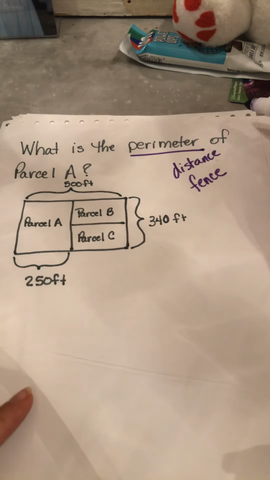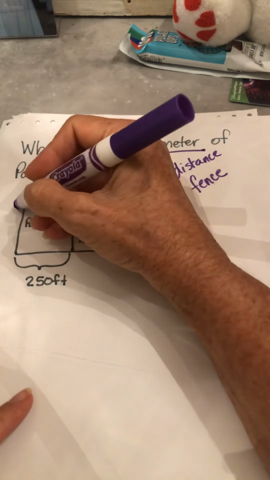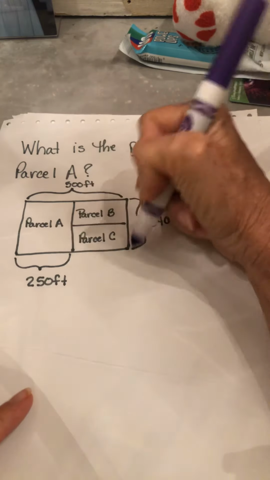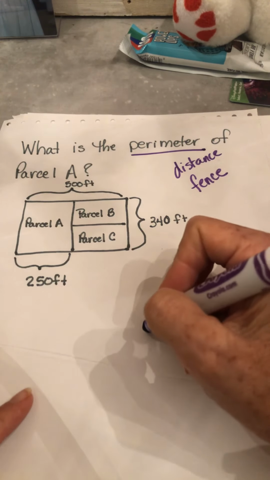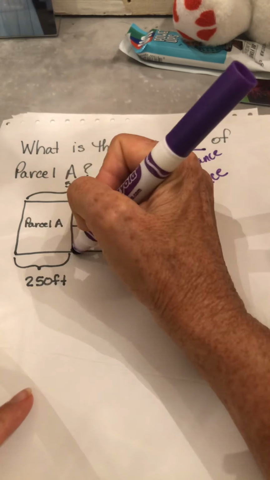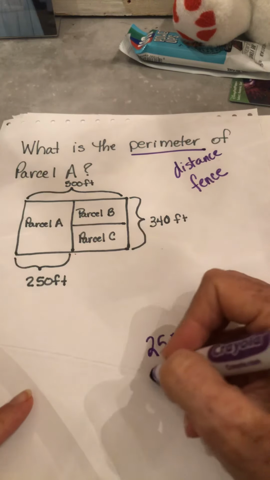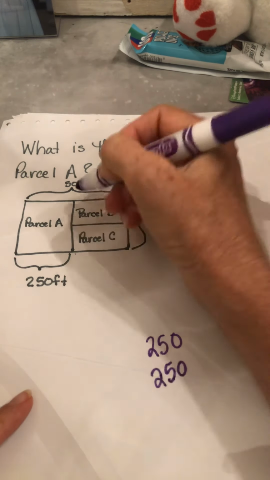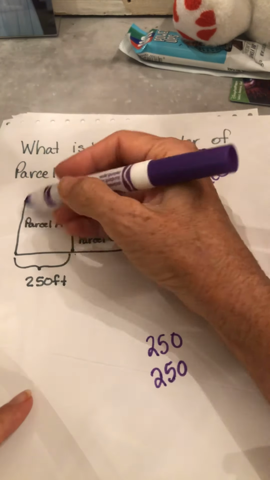So it says, what is the perimeter of parcel A? So I just want to know the outside of parcel A. Nothing with parcel B and C. Well, we know perimeter, we add. So we know this is 250, and so we know this is 250. So we've got to say 250 plus 250. Now, this side would be 340, and so would this side.